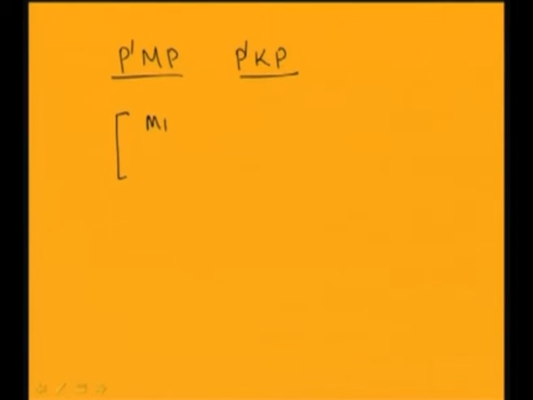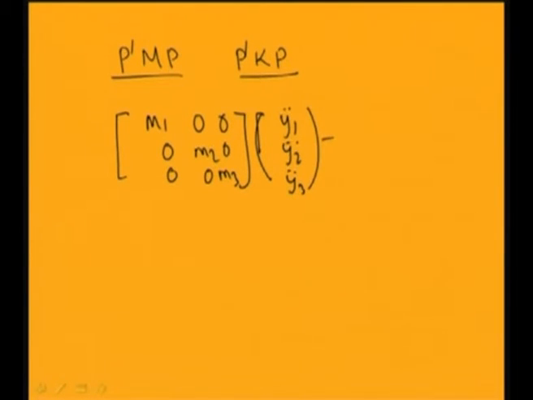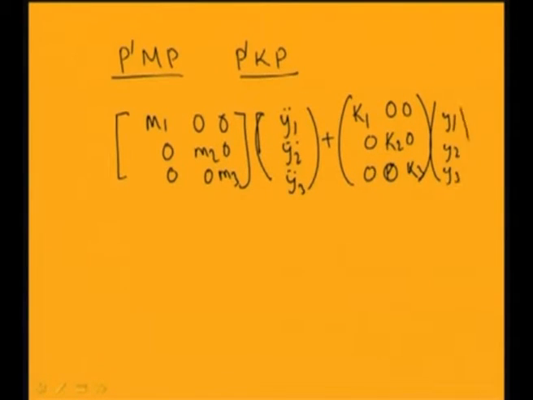It will be M1 0 0, 0 M2 0, 0 0 M3, into Y1 double dot, Y2 double dot, Y3 double dot, plus K1 0 0, 0 K2 0, 0 0 K3, into Y1, Y2, Y3, equal to 0 0 0.